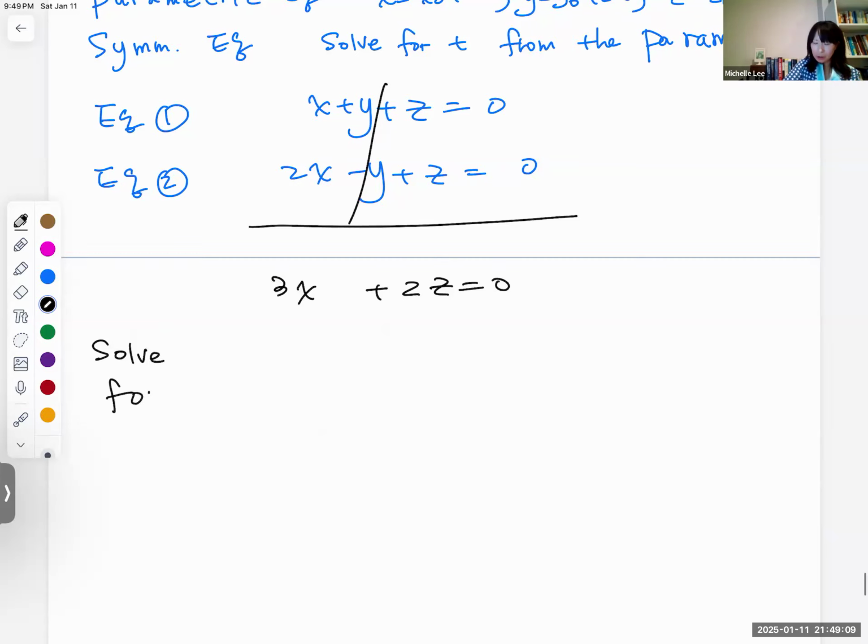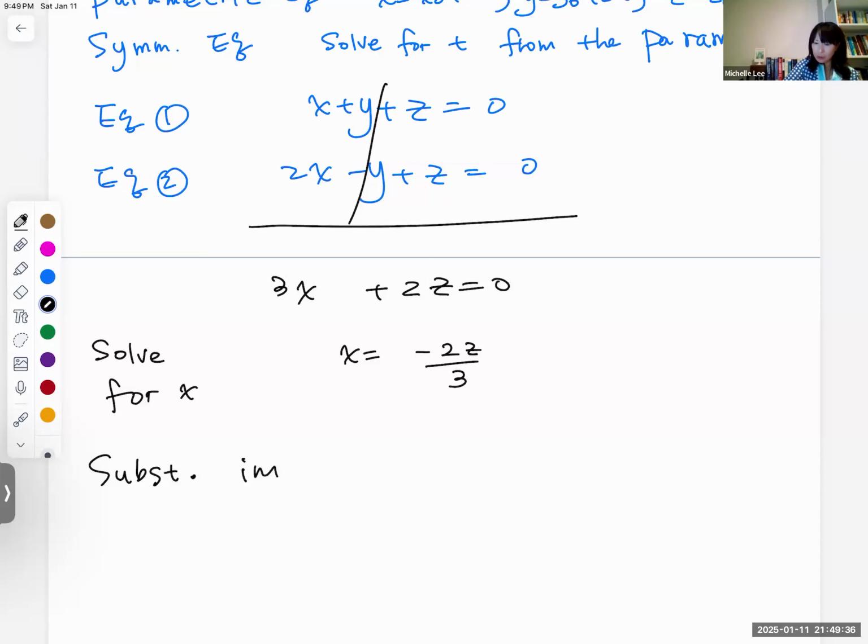So x equal to negative 2z over 3. Okay, let's substitute into equation number one.